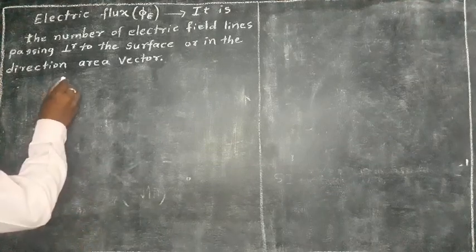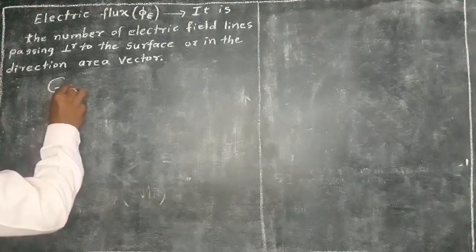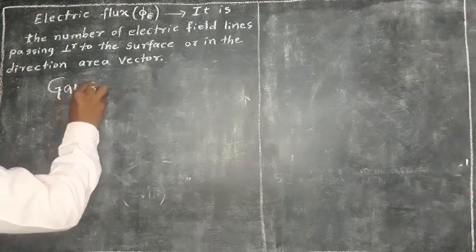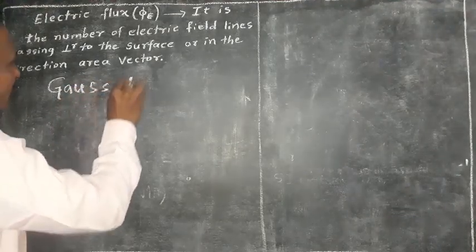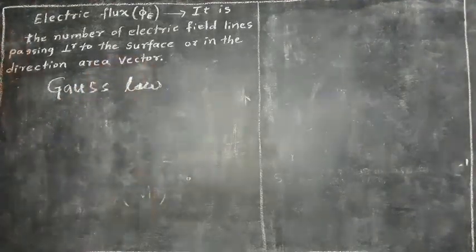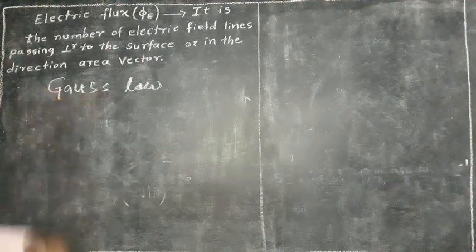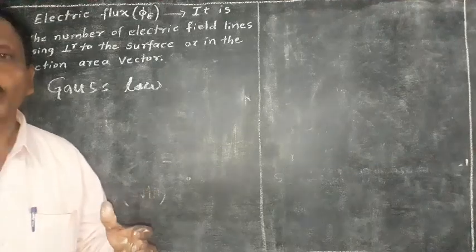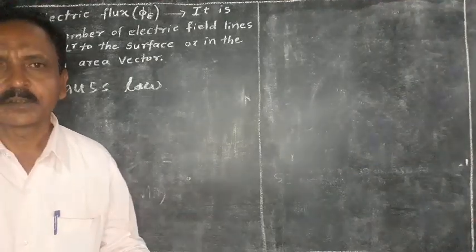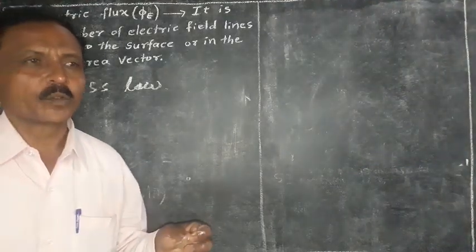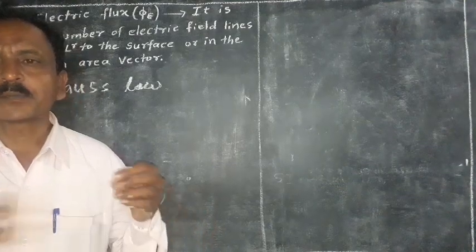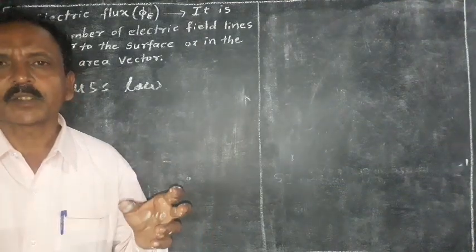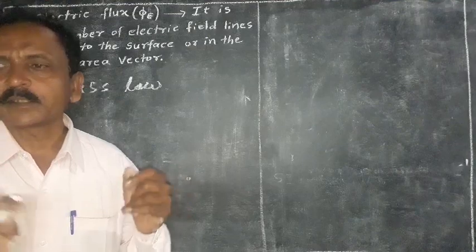Now, Gauss law. According to Gauss law, the total electric flux through a closed surface is equal to 1 upon epsilon naught times the net charge enclosed by that surface.